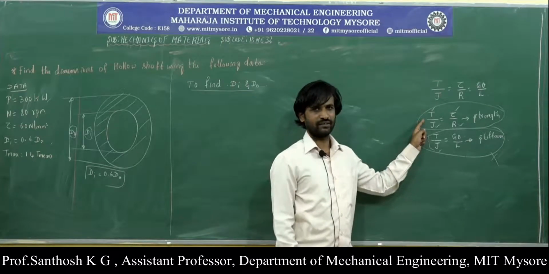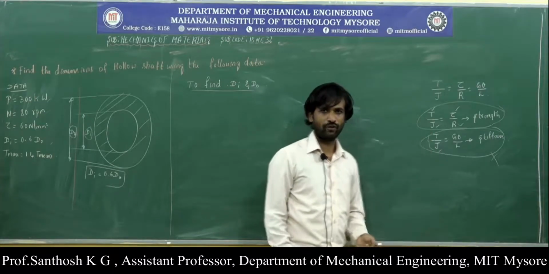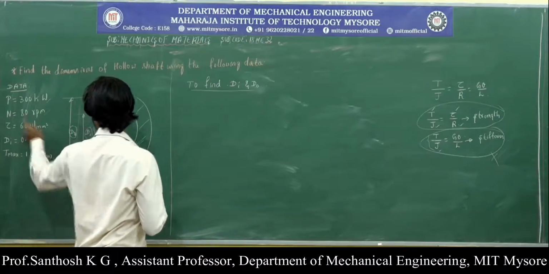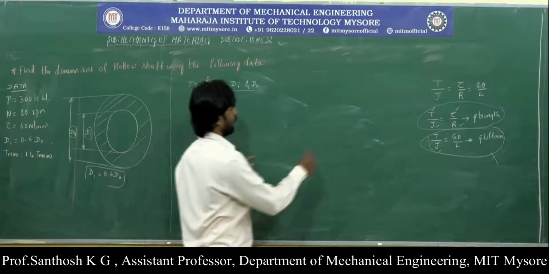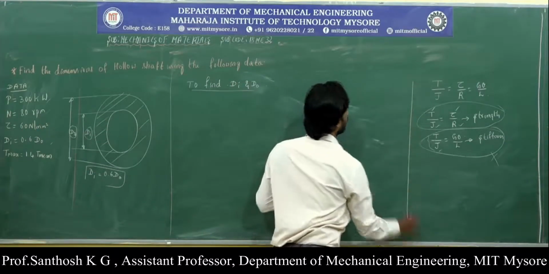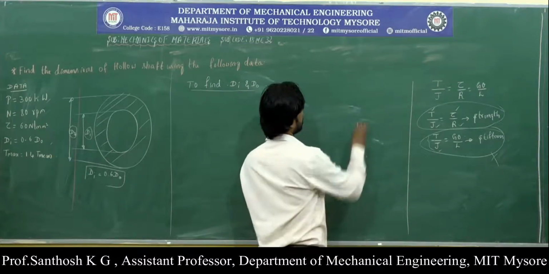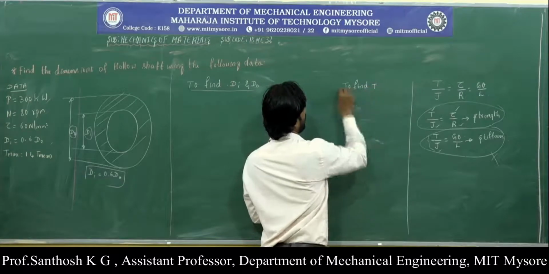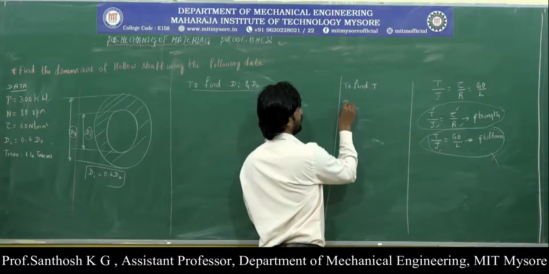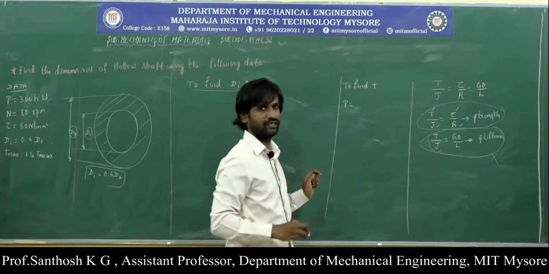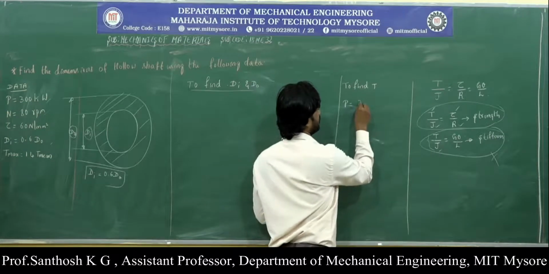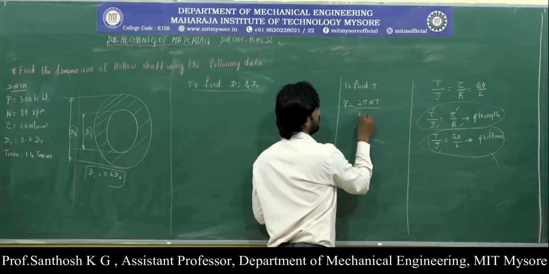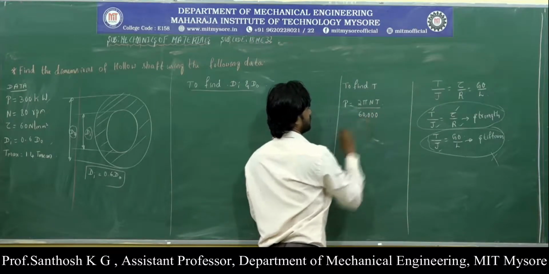In this equation, first I should find the value of T, which depends on the power and speed. So to calculate the value of T, I will use the power equation, which is P equals 2 pi N T divided by 60,000.